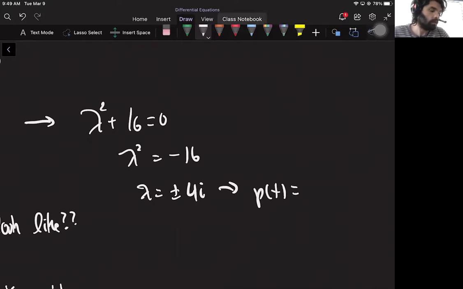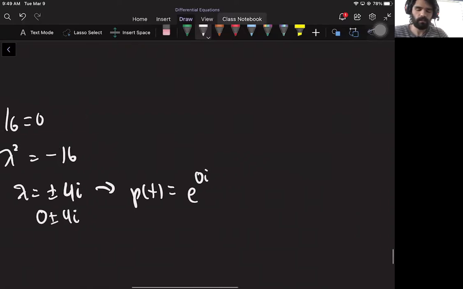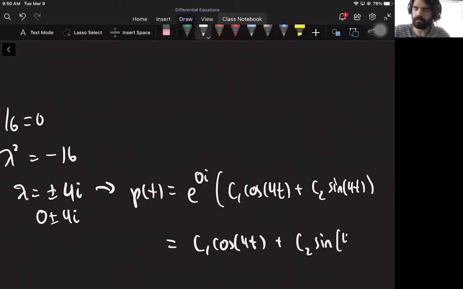So we look and we remember that that means that the solution will be e to the 0i because it's a 0 plus or minus 4i, if you want to think about it like that, times C1 cosine of 4t plus C2 sine of 4t. So here is the position function that we've now figured out.